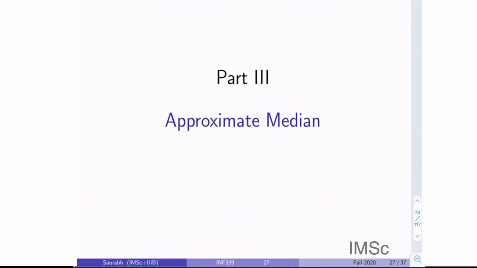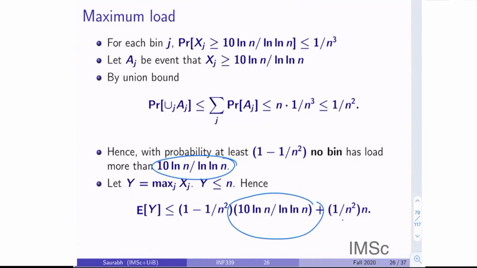I have a question. If we use, instead of the Chernoff upper bound, the lower bound, can we similarly prove some bound on minimum load? Will it also be the same factor?